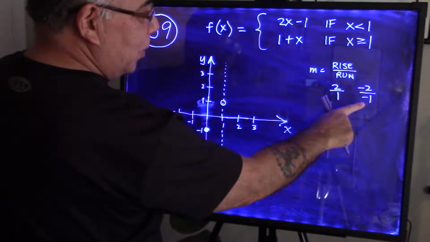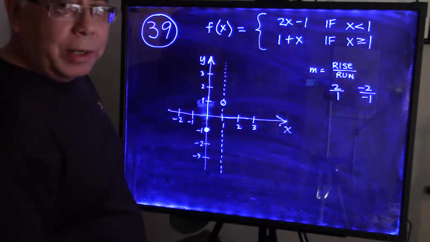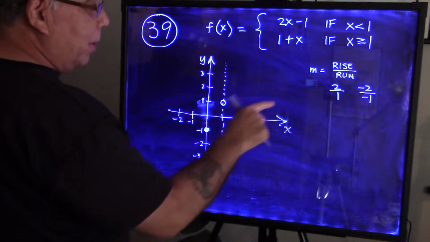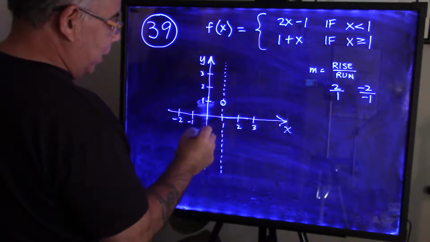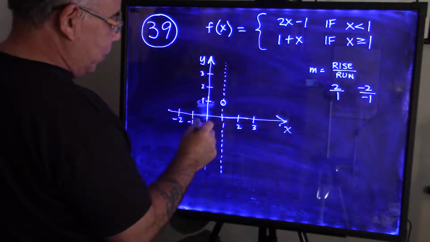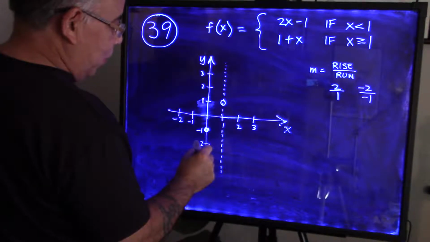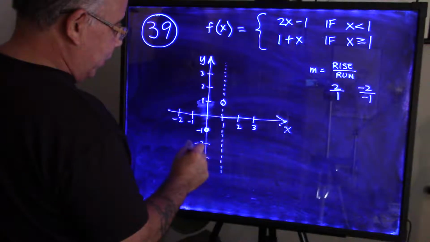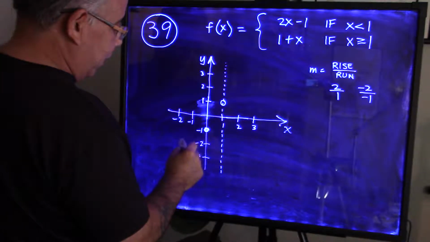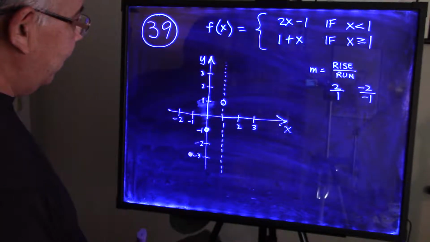If you look at it this way, -2 over -1 as a slope, that means a rise of -2, start at the y-intercept, go down 2 units, 1, 2. And a run of -1 means you go to the left 1 unit. And you could put a dot right there and connect the dots as well with a straight edge.